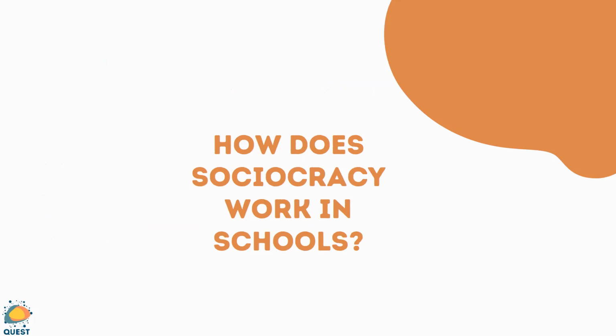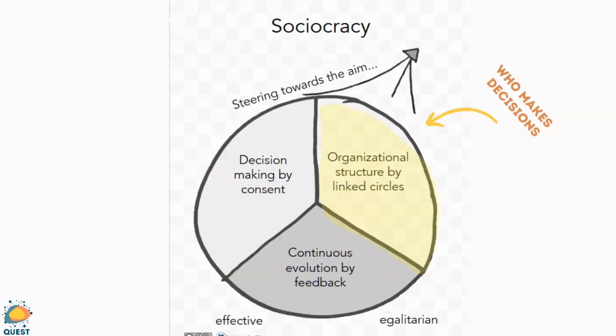So this was the general overview of the benefits, and now we go into the practice of how sociocracy works in school. And we start with the first key principle that I'm going to show you today, and it's about who makes decisions.